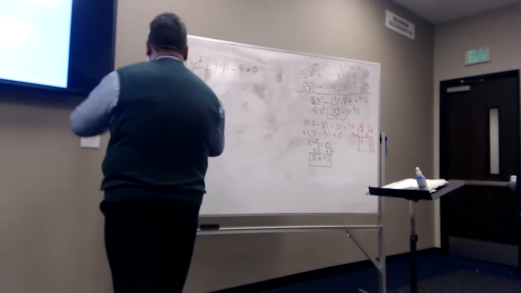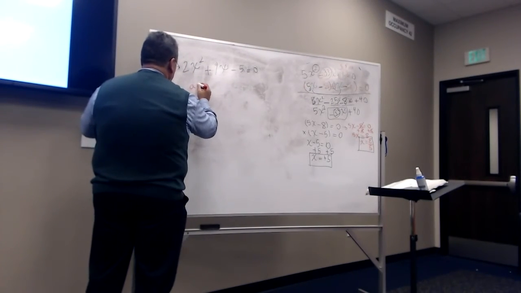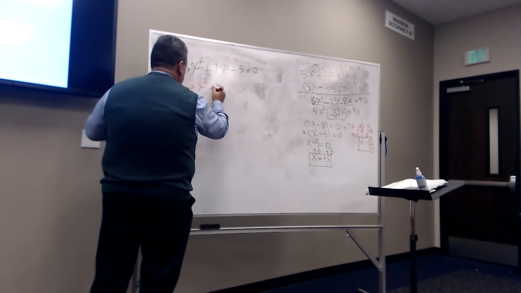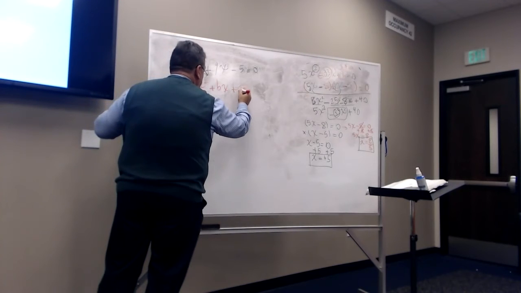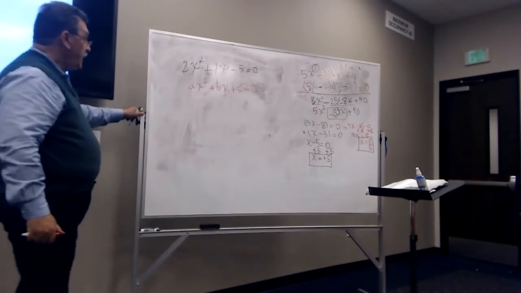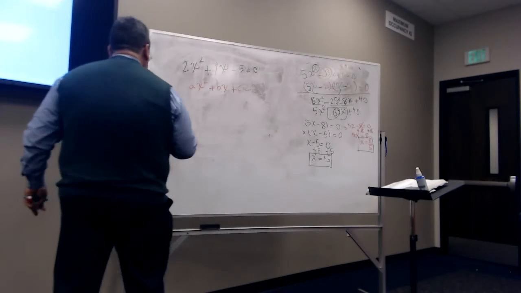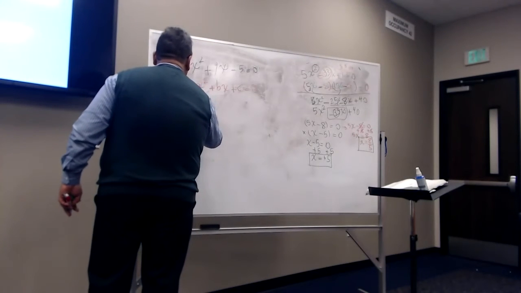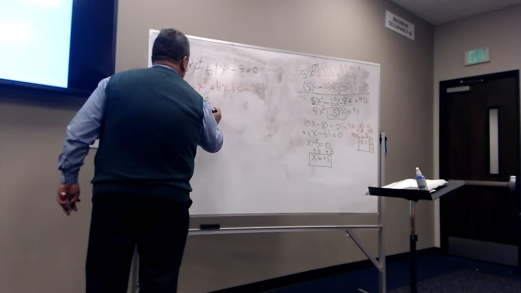Remember, the general format that you have is ax² + bx + c = 0. All right? Now, you've got to memorize this. This is the quadratic formula. So a is 2. b is 9. What is c?